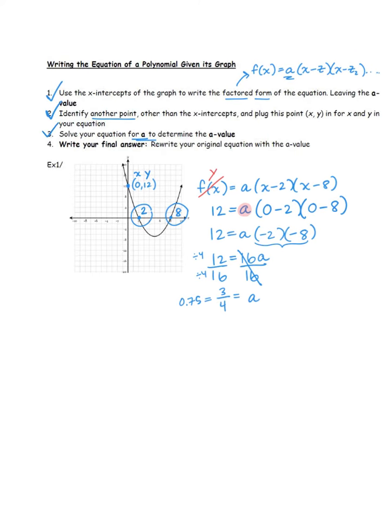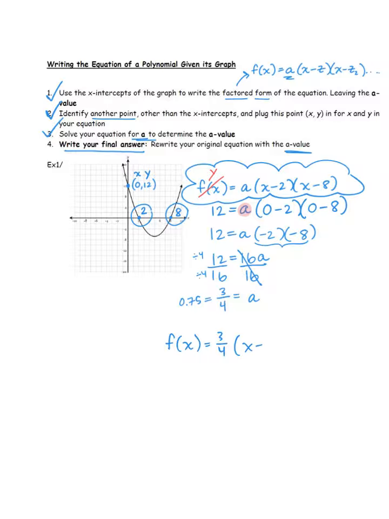Our final step, that was step 3, is to write your final answer. So rewrite our original equation, but replace the a value with the number we just found. So our final answer is f of x equals, my a value is 3/4, x minus 2, x minus 8.